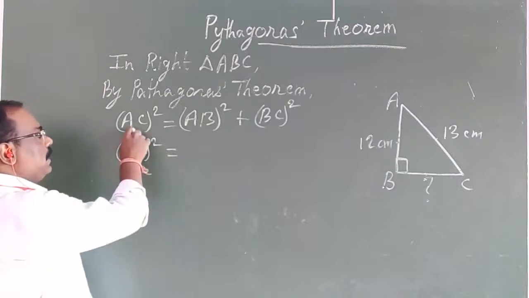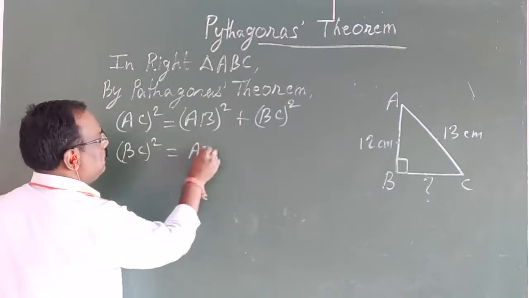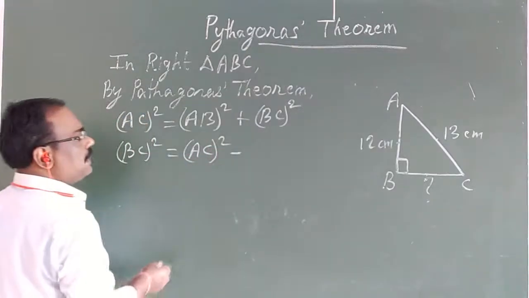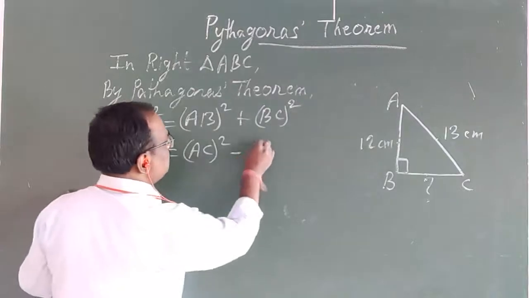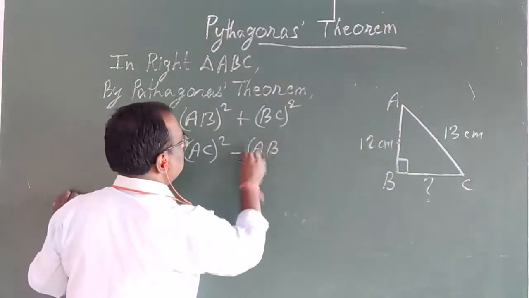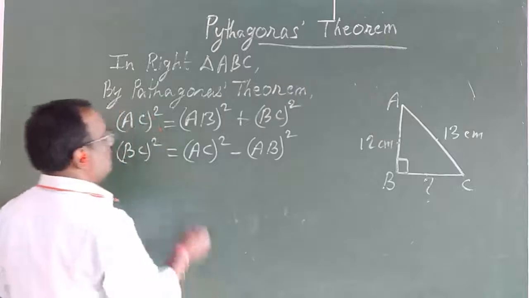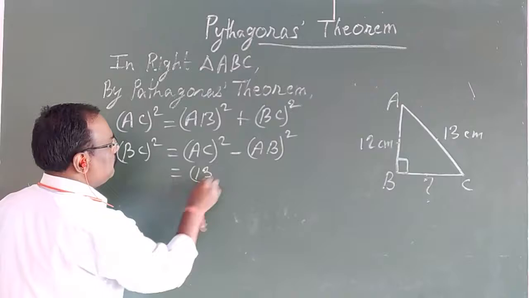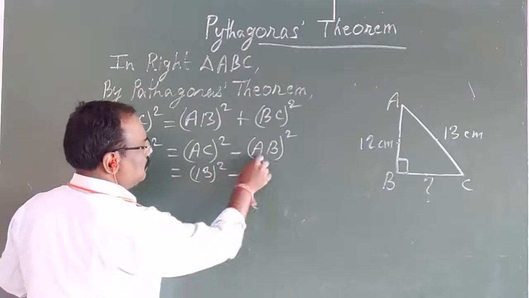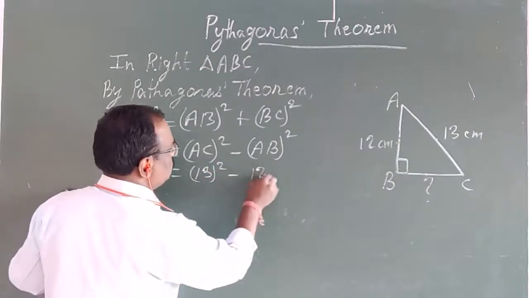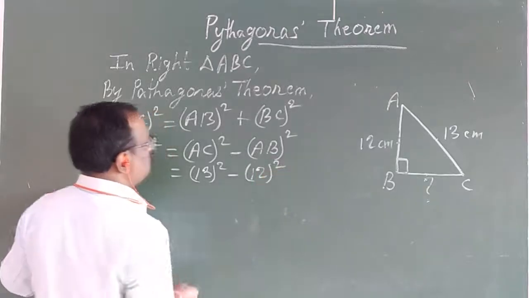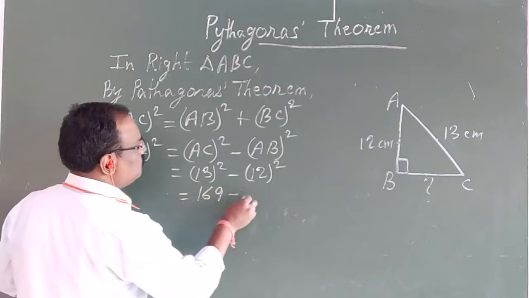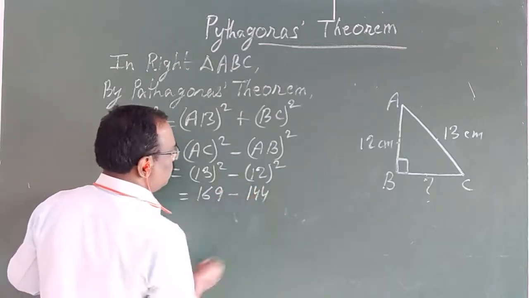So we will write here BC square is equal to AC square minus AB square, the hypotenuse square minus the square of the side that is given. AC is given to us as 13, so write here 13 square minus AB, which is given to us as 12, so 12 square. 13 into 13 we get 169, minus 12 into 12 we get 144.